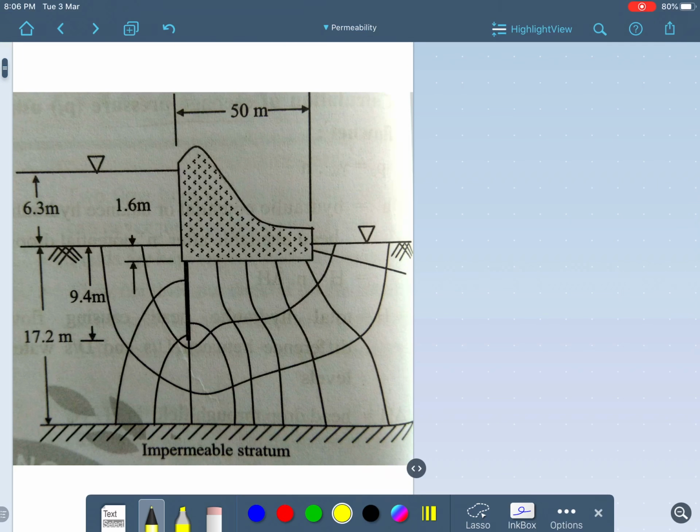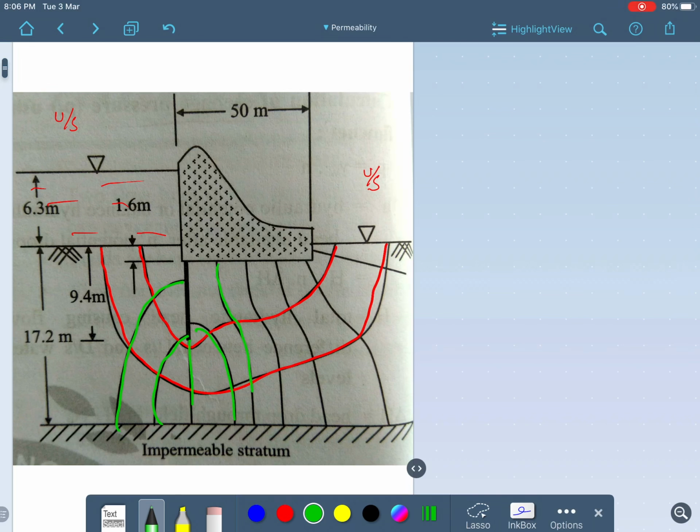See here, this is a dam structure, and this is the upstream side of the dam in which water is present, and this is the downstream side of the dam. I'm just marking these lines in red, and I am marking these lines in green.